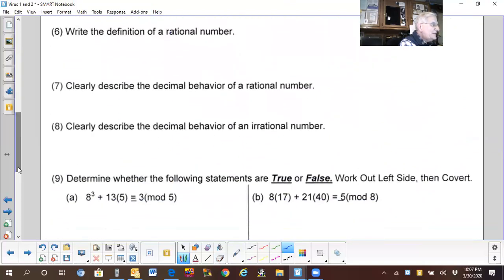It says, write the definition of a rational number. I'm going to give you a couple seconds to see if you can write that out. And then I'm going to state it for you again.